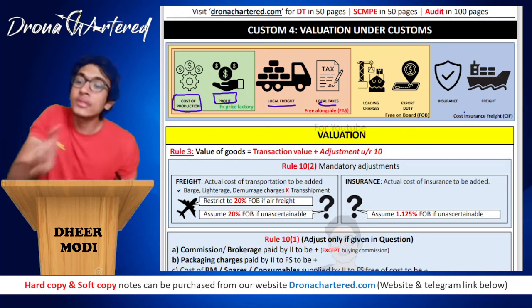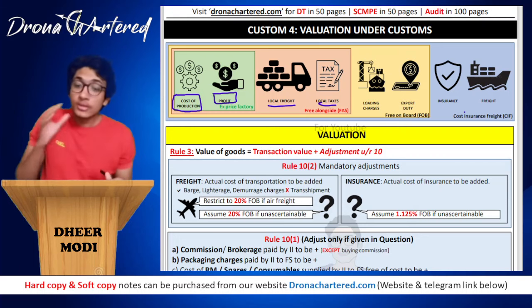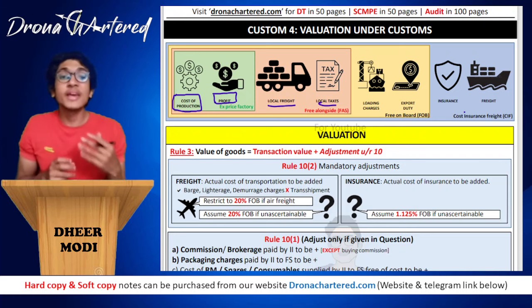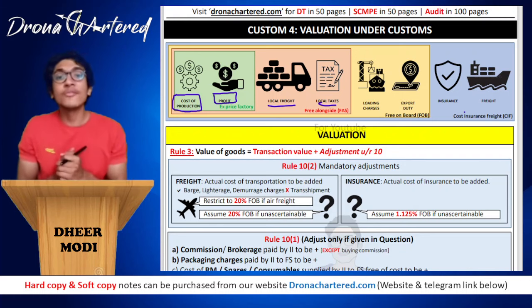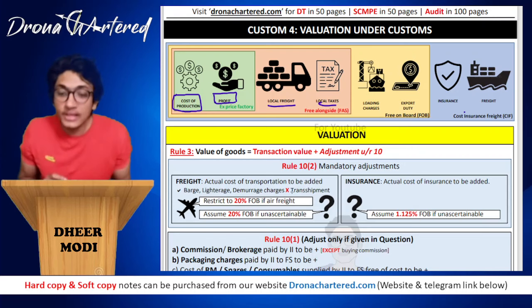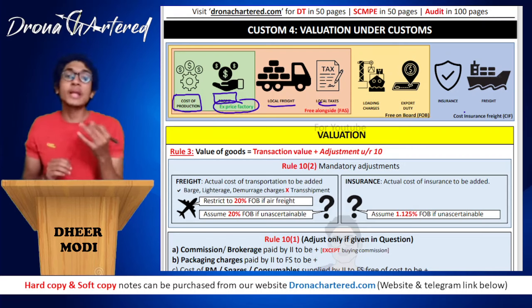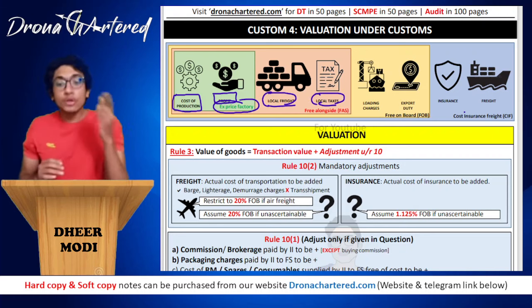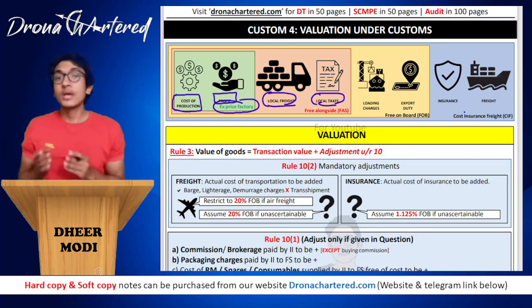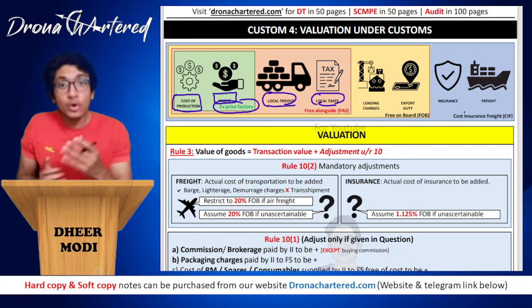Because it is kept beside the port. So it is called FAS, that is free alongside. The formula for free alongside is your ex-factory price plus your local freight plus your local taxes.